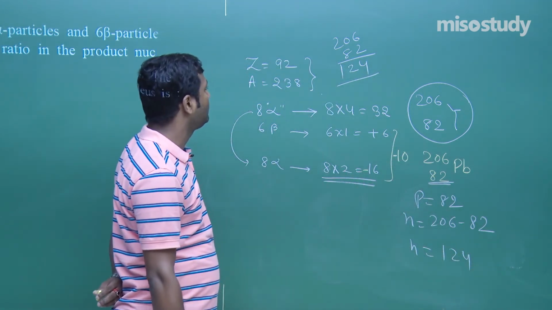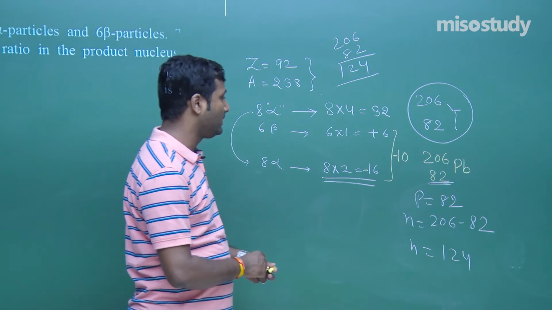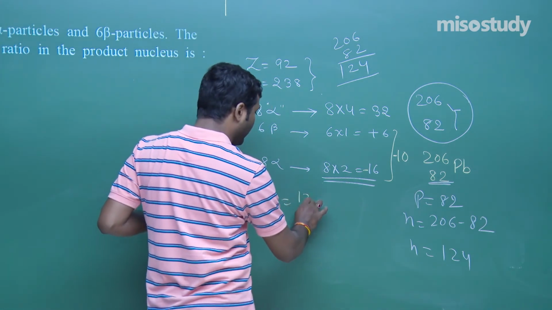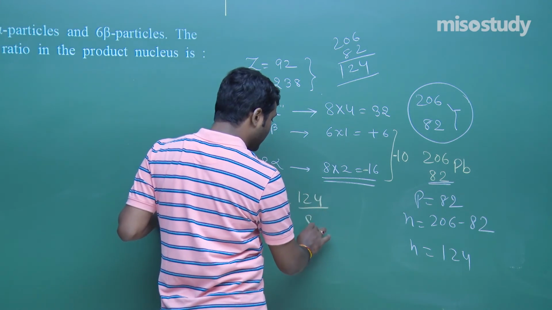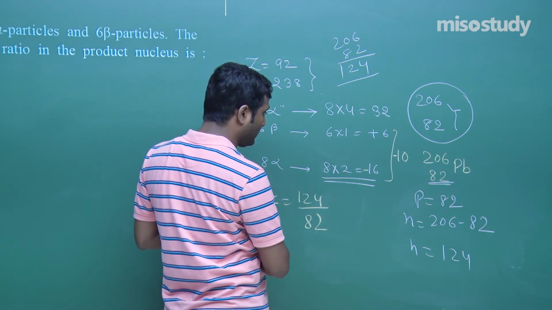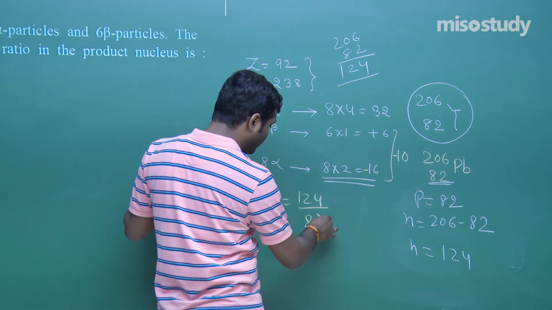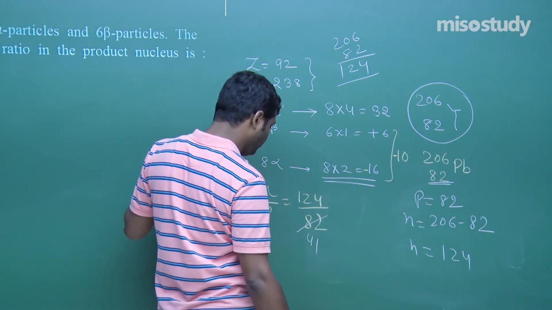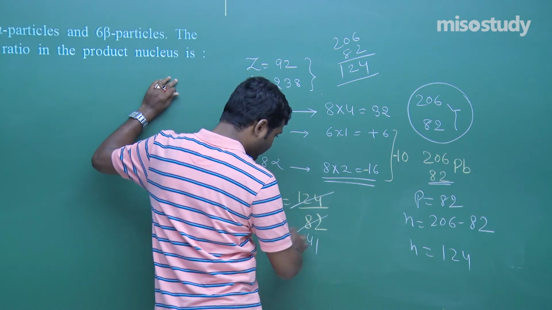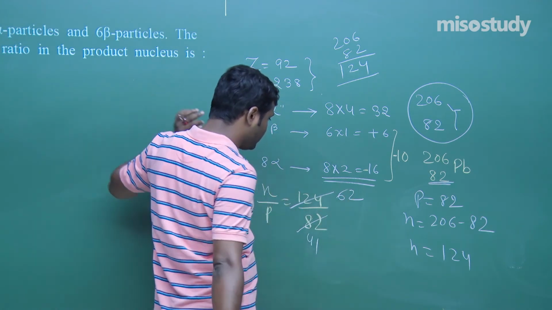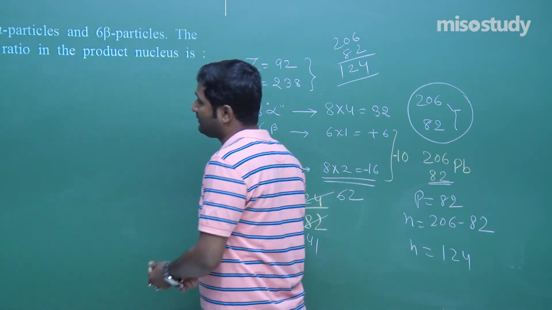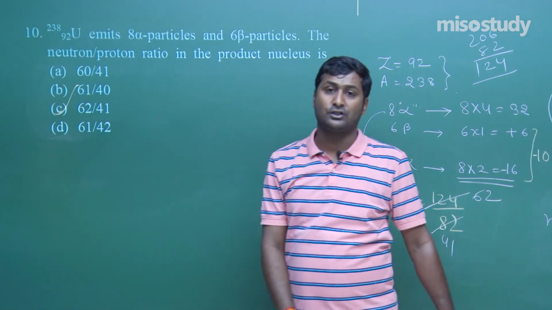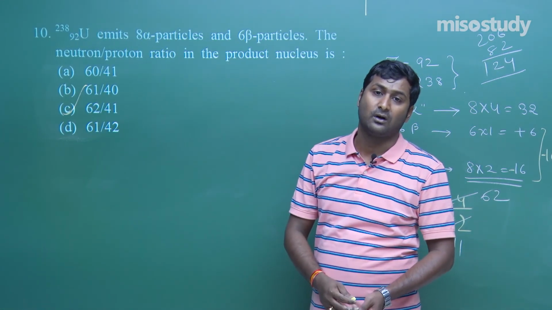So what is the ratio of N by P in this case? 124 minus 82 upon 82, that is 62 upon 41. Is it given here? Yes, 62 upon 41. So for question number 10, C is the correct option, my friend.